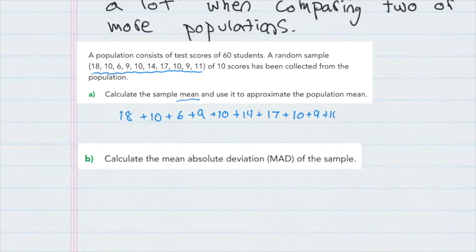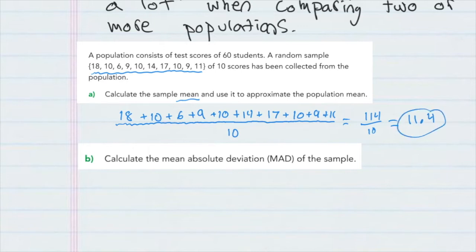It says that there are 10 scores, so let's make sure we have 10: 1, 2, 3, 4, 5, 6, 7, 8, 9, 10. Okay. We divide that by 10. When I add all of these numbers together, I get 114 over 10, and that means that the average is 11.4.